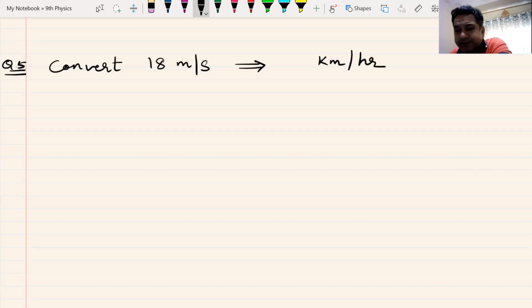I should say not 18. I made a mistake. It should be 5 meter per second. That would be better. Sorry about 18. 5 meter per second. Anyone, any idea?